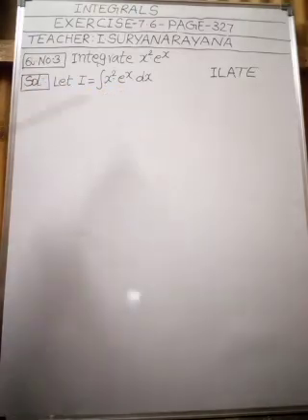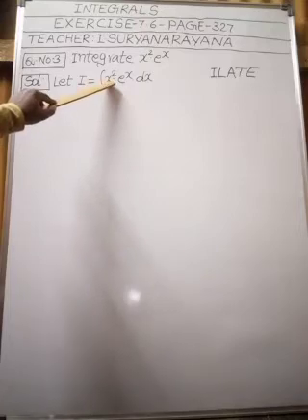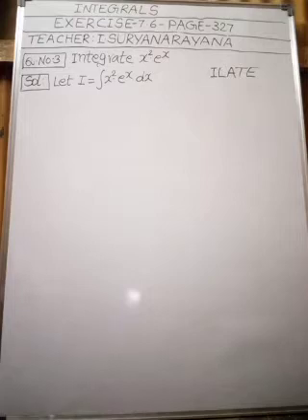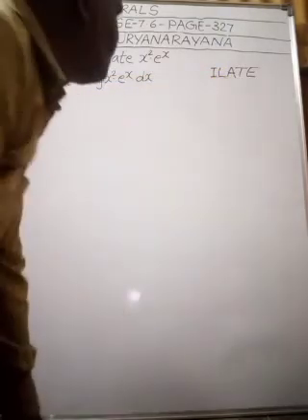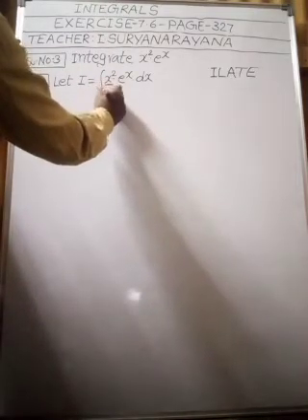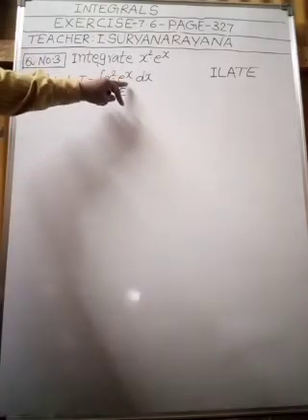Here also we are finding the integral of the product of two functions. X square is one function and e power x is another function. So when you are finding the integral of a product of two functions, we have to arrange the two functions in this order, ILATE. What is each function here? X square is an algebraic function and e power x is an exponential function.